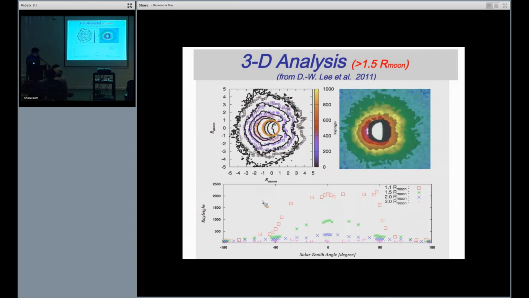This thick line represents our simulated brightness scale, corresponding to each observed brightness scale represented by the color symbols. And the lower graph shows our theoretical expectation for the brightness variation with solar zenith angle as a function of different lunar radii.